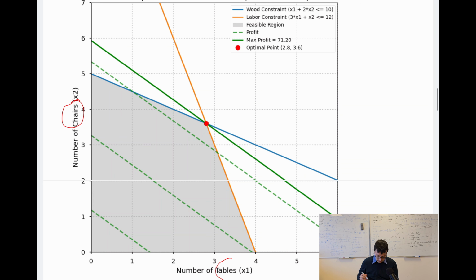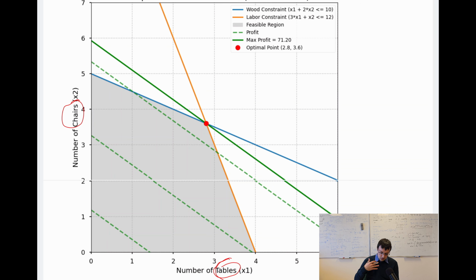Okay, so we build chairs and tables. And the way we get our profit is a combination of selling a certain amount of chairs and a certain amount of tables. So we can think of our objective function as the cost of a chair times the number of chairs plus the cost of a table times the number of tables that we produce.